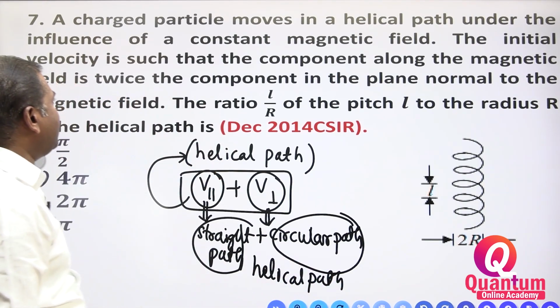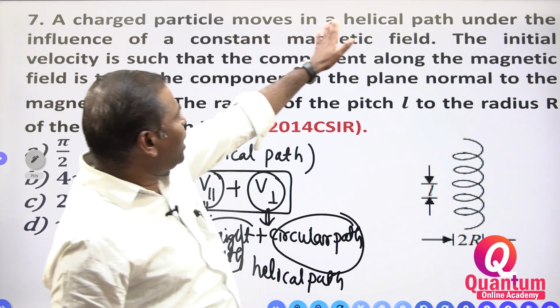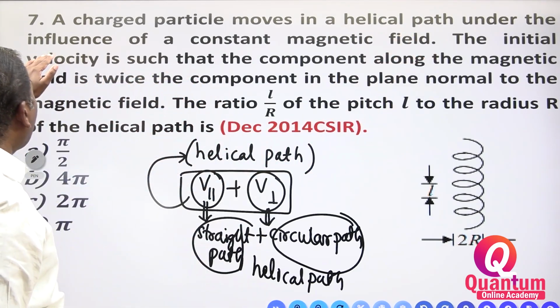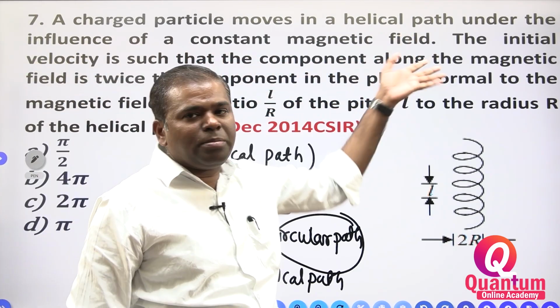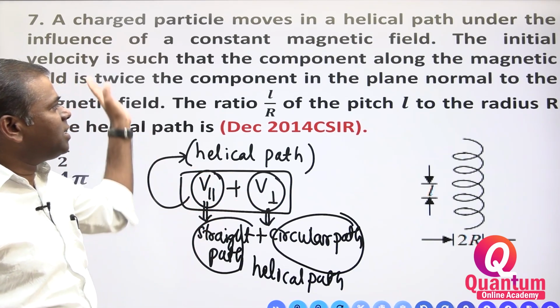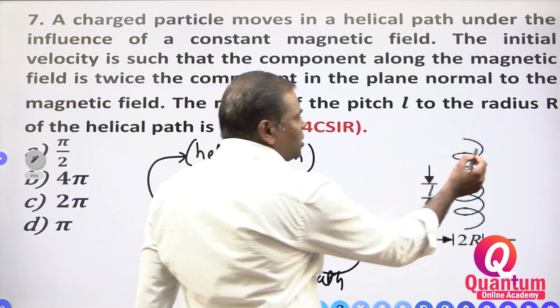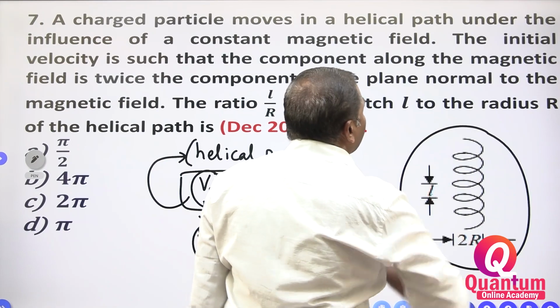Right? What is the thing they are giving? A charged particle moves in a helical path under the influence of a constant magnetic field. Under the constant magnetic field, that charged particle is moving in this helical path.